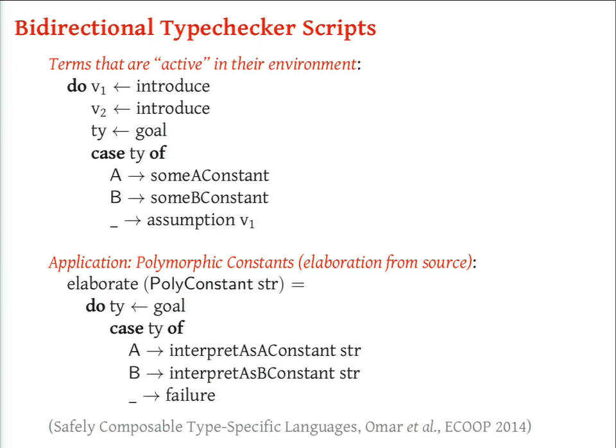But the type checker in their system can ask, well, what type am I expected to be? And then it can interpret this string as an A constant or HTML, or it can interpret it as a B constant or SQL or something like that. So you have the interplay between the type checker and the term itself. So the terms are kind of active.